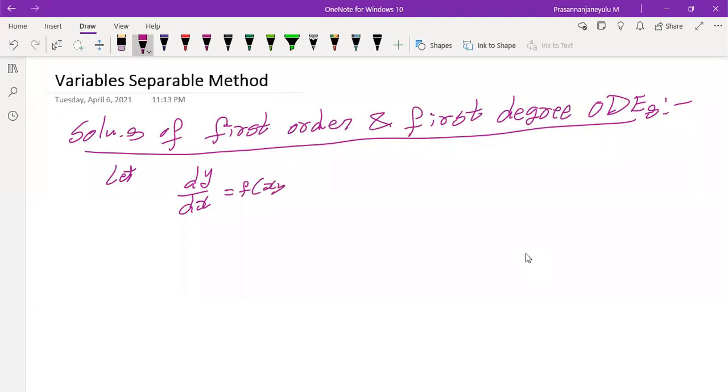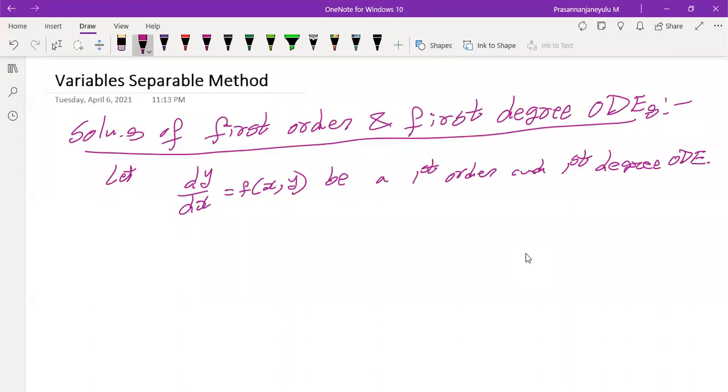Let dy by dx equals f of x comma y be a first order, first degree ordinary differential equation.